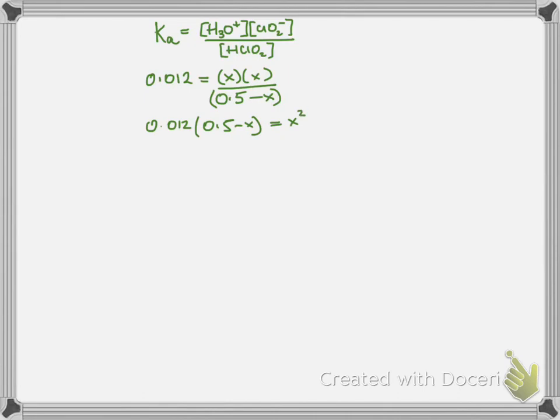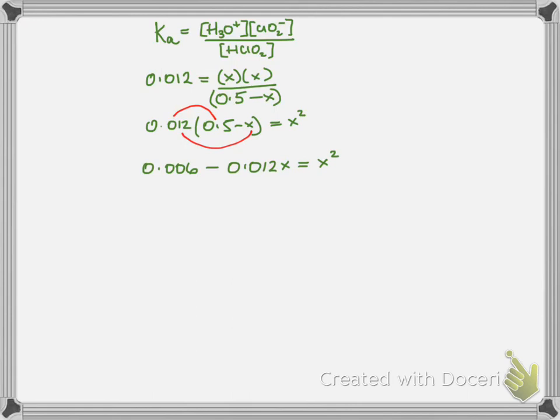That then we distribute, so we're going to end up with 0.006 for the first part minus 0.012x is equal to x squared.